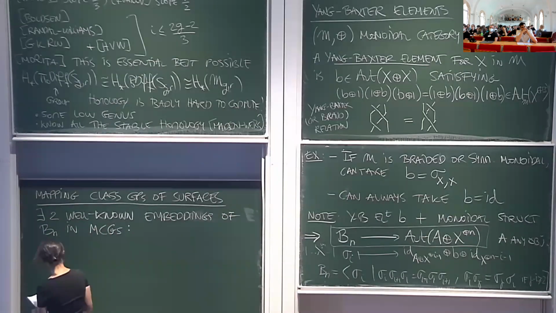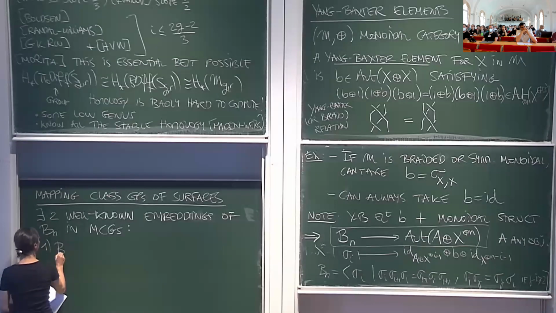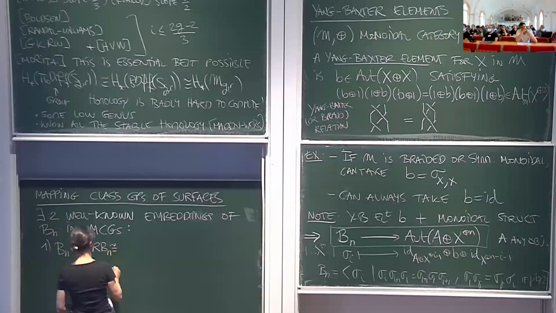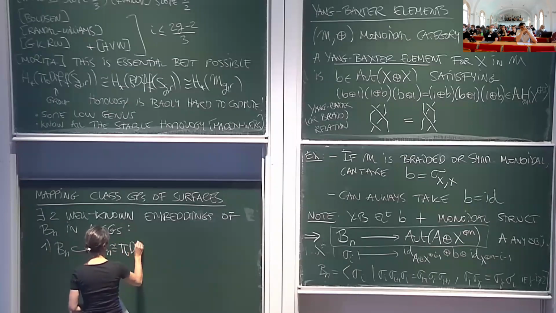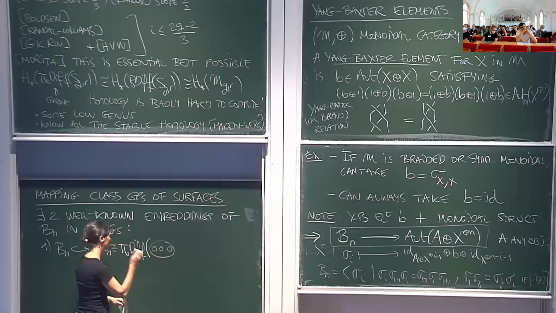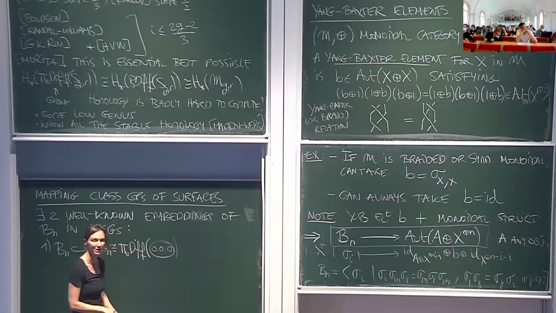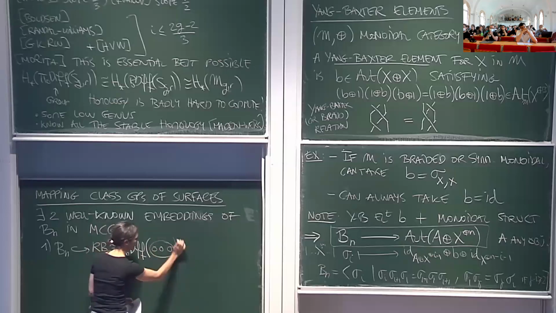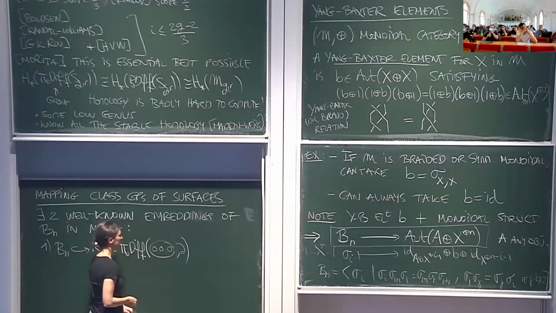To be completely precise, the braid group embeds into the ribbon braid group, which is isomorphic to the mapping class group of a surface like this, a punctured disk, or you can think of it as a multi-leg pair of pants. Anyway, a disk minus a bunch of disks. I want to think of it as a surface with boundary. My boundary is fixed. And I have n holes.